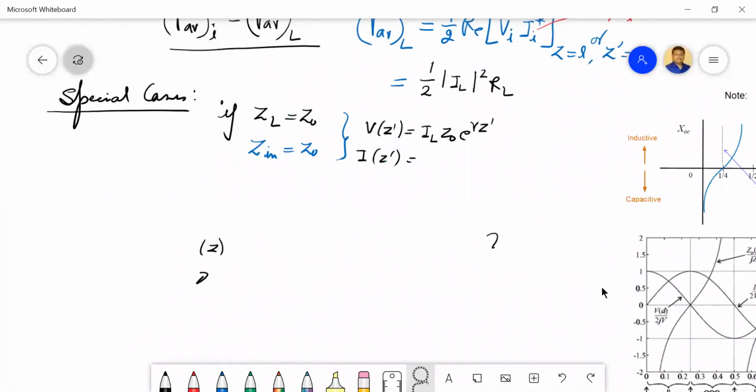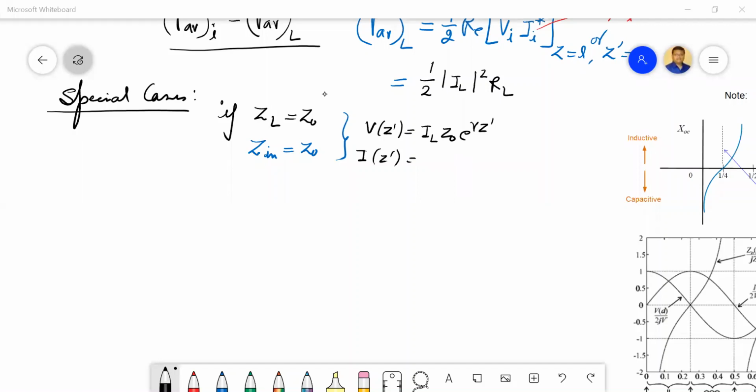I believe you can see the slides. Can you see the slides, students? Yes, sir. Yeah, sir. So I need to read it again.